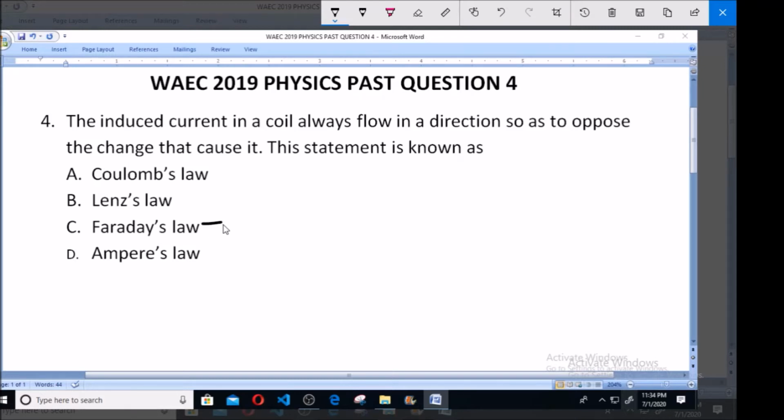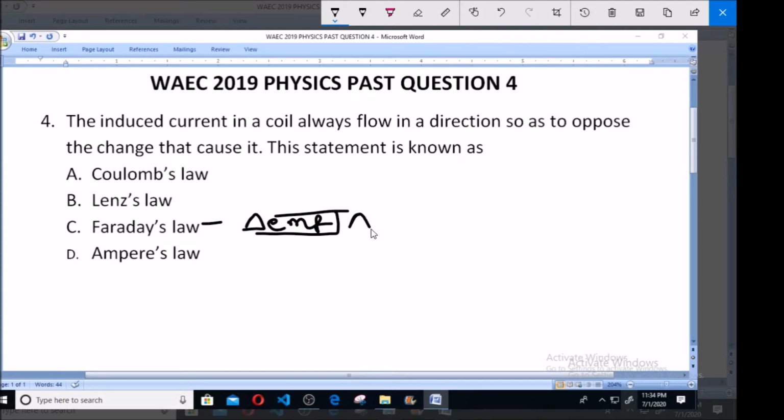Faraday's law states that whenever there is a change in magnetic lines of force, an EMF is induced. Let me state it very clearly.